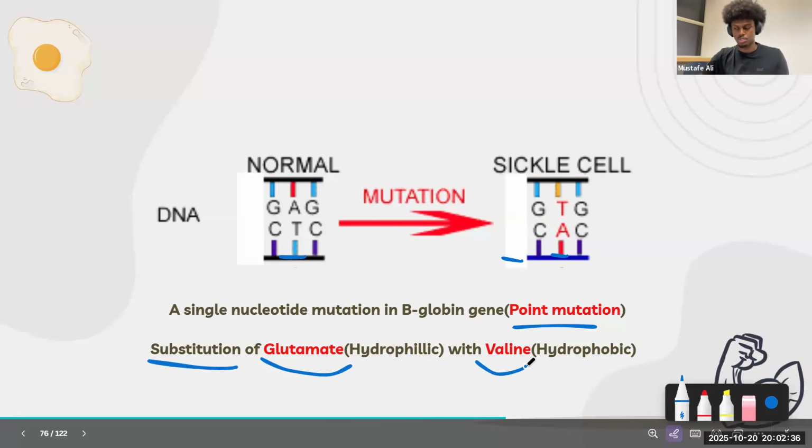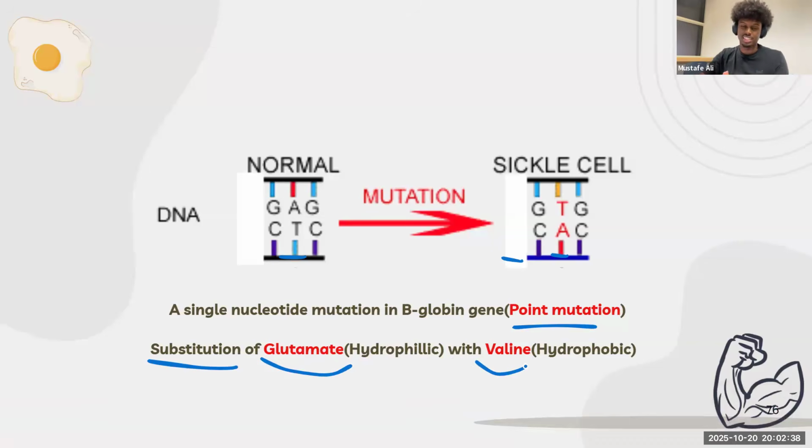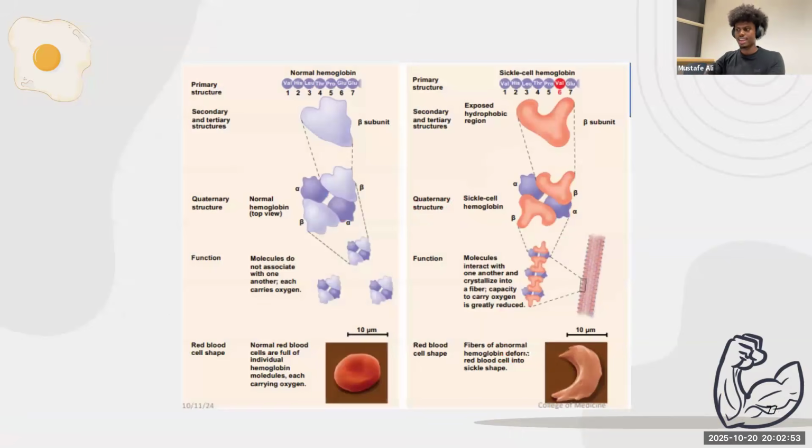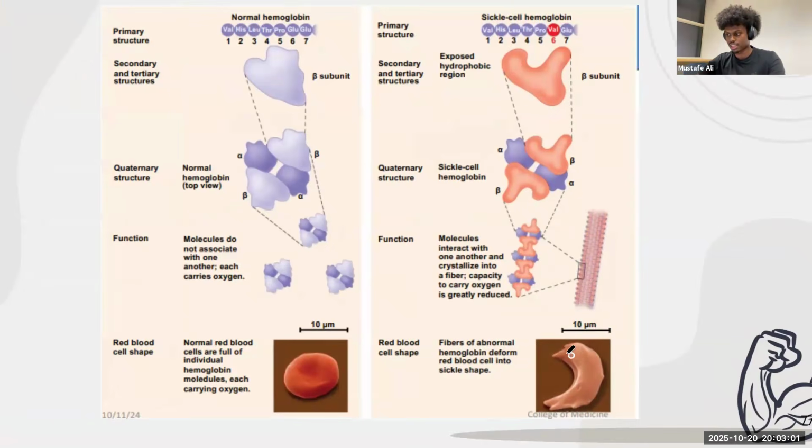Glutamate, in nature, is hydrophilic, basically meaning that it loves water, whilst valine is hydrophobic, meaning that it hates water. Because of the substitution between these two amino acids, it leads to sickle cell anemia. The red blood cells become sickle in shape, crescent-shaped like this.